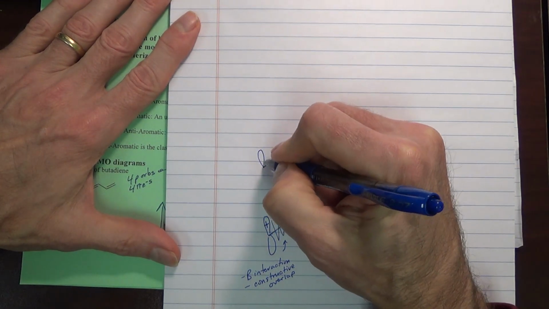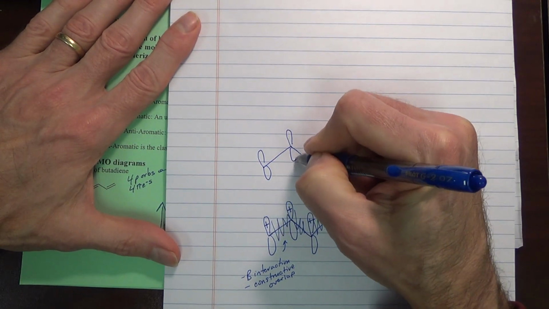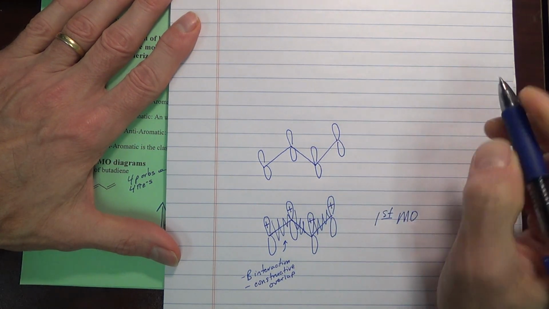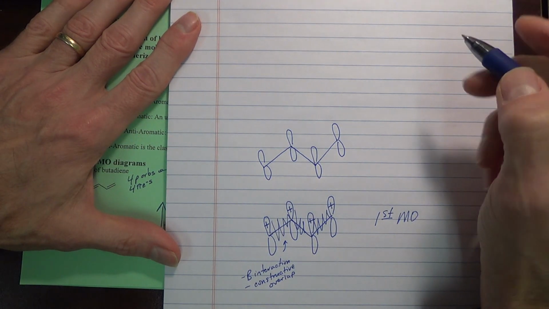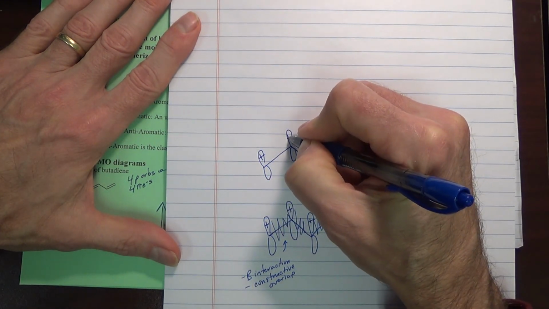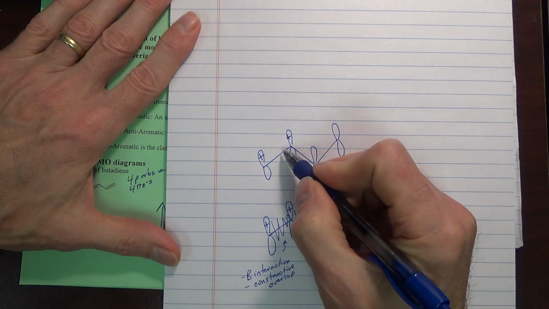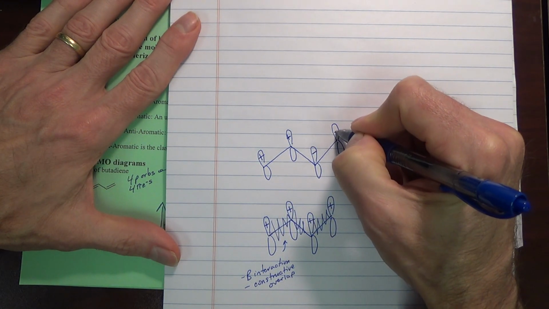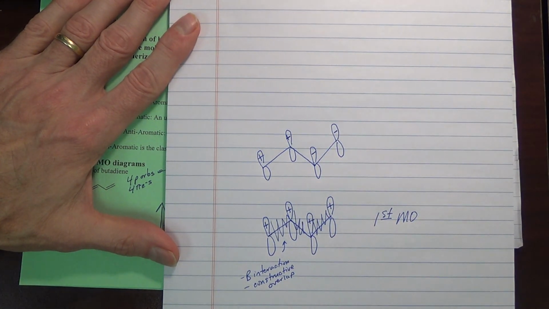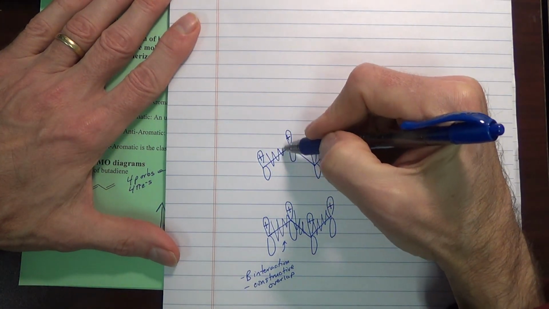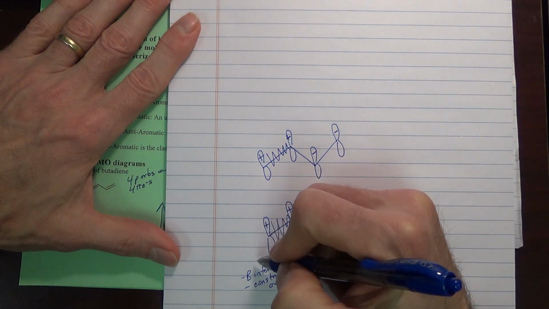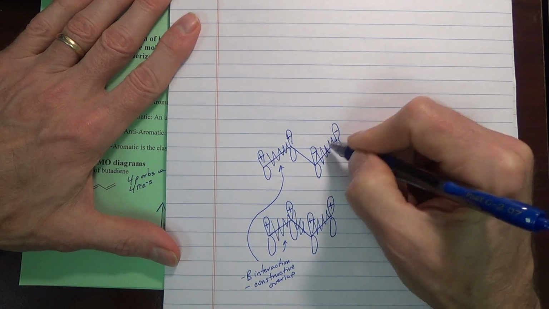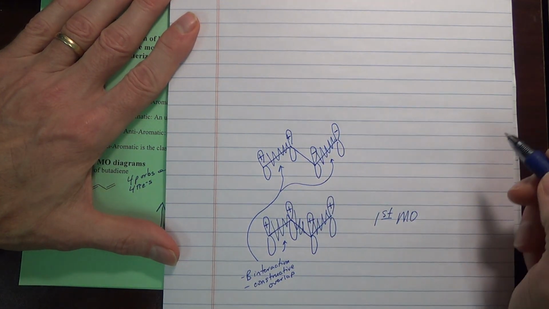Okay, I'll draw the p orbitals again, but then I'm not going to draw them anymore because it just takes too much time. We could combine these 2 in phase, that is bonding interaction or constructive overlap, and these 2 in phase but opposite that, and we could end up with something like this, and this would be also a bonding interaction there and here in phase, okay?